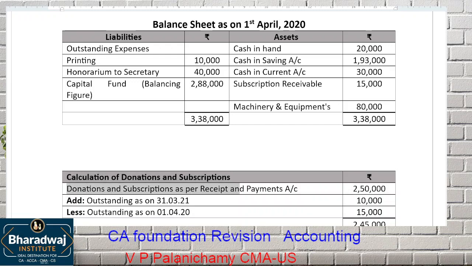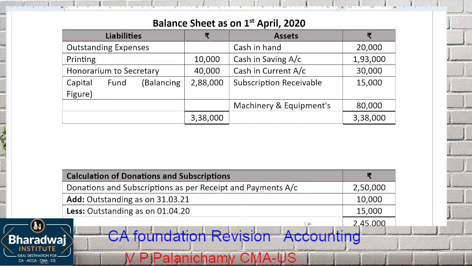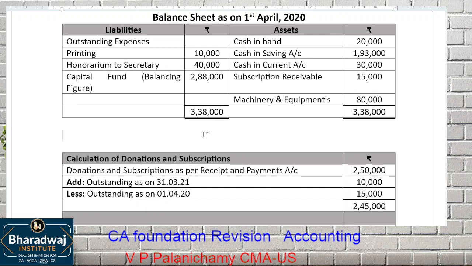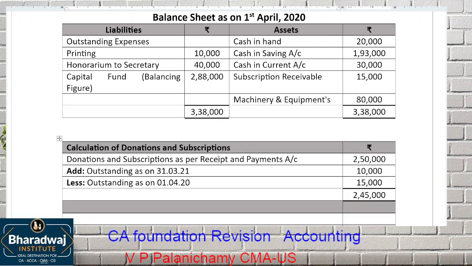Then donations as per receipts and payments account, add outstanding at the end of the year minus outstanding at the beginning of the year will give us donations received. In the ledger account there is no advance amount, only outstanding amount is given.